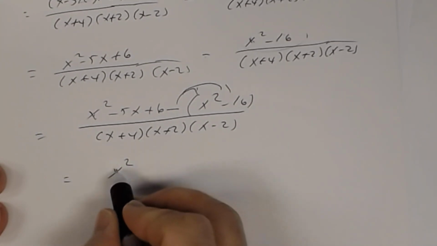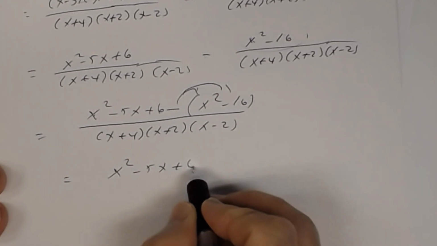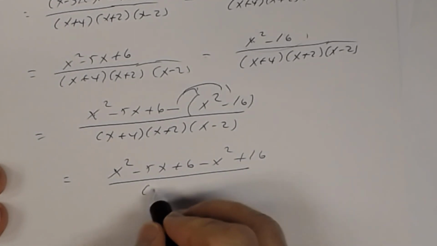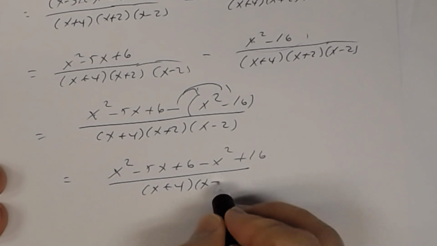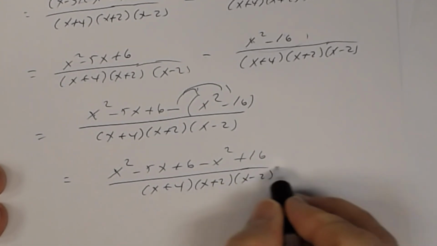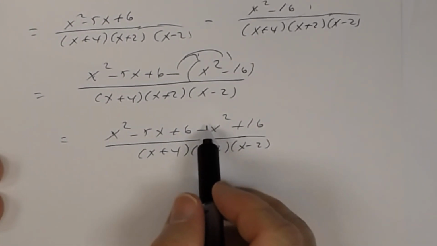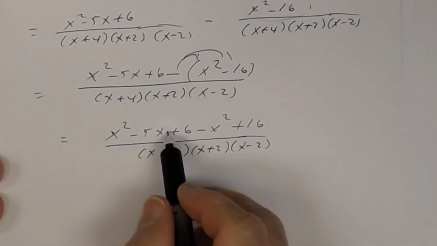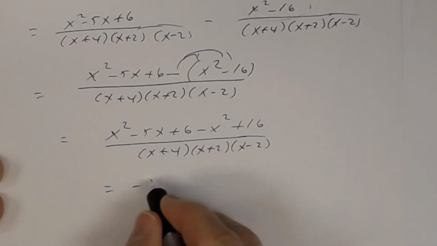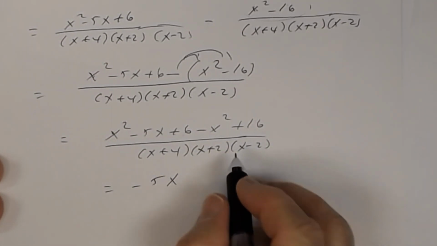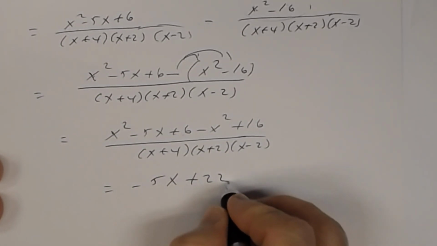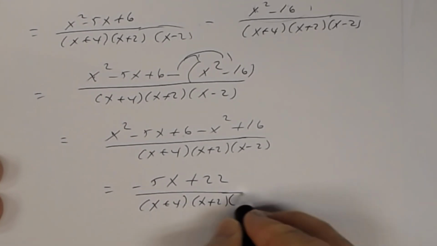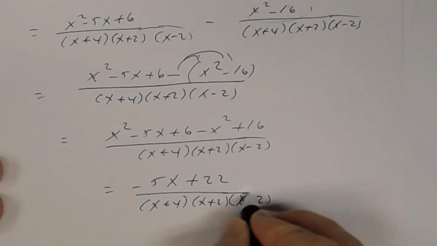So this becomes x squared minus 5x plus 6 minus x squared plus 16 divided by x plus 4, x plus 2, x minus 2. Combining like terms, the x squareds cancel out, and so I get a negative 5x, 6 and 16 is 22, divided by x plus 4, x plus 2, x minus 2.